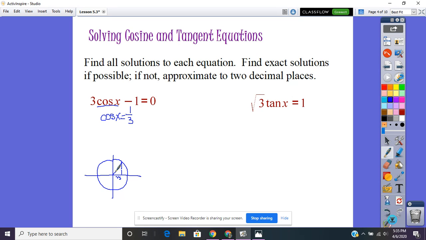We also know that cosine would be a positive 1/3 mirrored down here, just like this, because it's positive 1/3 regardless. Our calculator is going to give us this measure. So if we were to do cosine inverse of 1/3, and because we're in x, we need to be in radians. So make sure your calculator is set into radians when you do this.